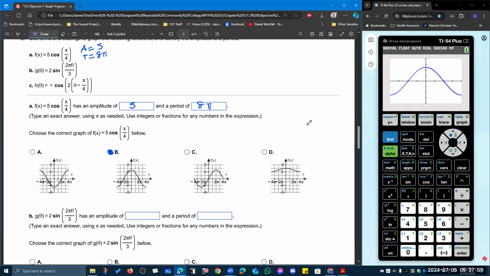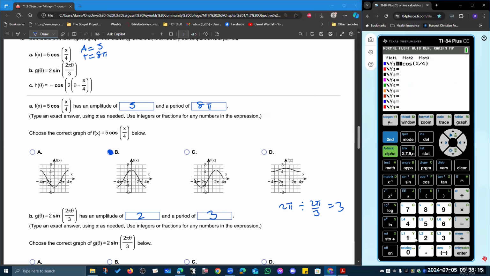2 sine of 2 pi theta over 3, so amplitude of 2. 2 pi divided by 2 pi over 3 is going to give me a period of 3. So 2 sine of 2 pi theta over 3.